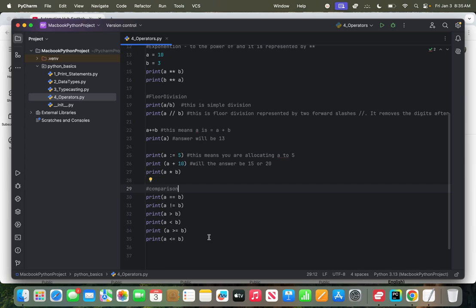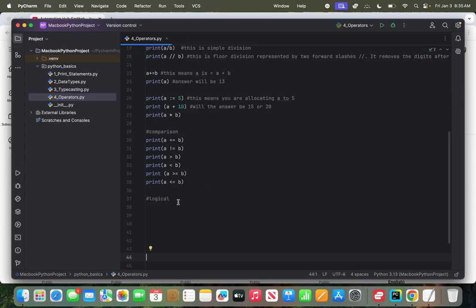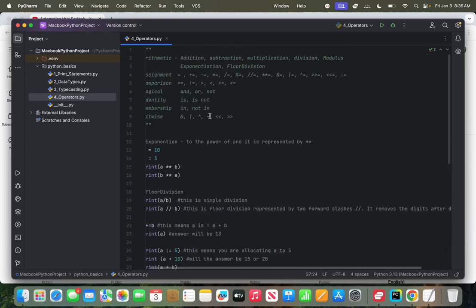Now we will do logical. I need to give some space. Okay, so logical, there are 3: and, or, not. I've already explained these 3: and, or, not.